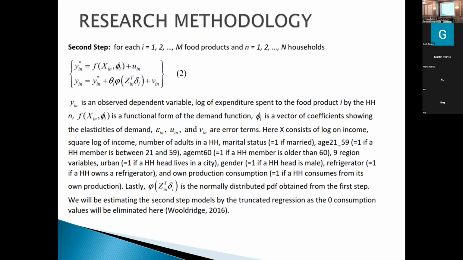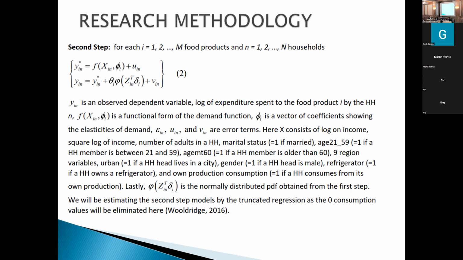And also, differently from the literature, we had put here the education variable, and we dropped it because it significantly decreases our number of observations to 70. Now the number of observations in the model is more than 2000.